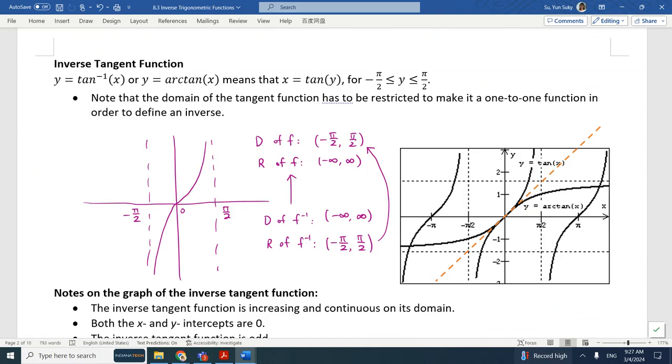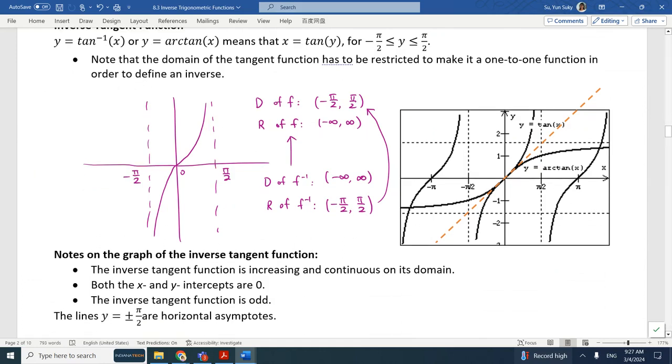Okay, everybody? Yes. All right, note on the graph of inverse tangent. The inverse tangent is increasing and continuous on the domain. Look at this graph. It's increasing. Both the x and y intercepts are 0. And we have horizontal asymptotes.